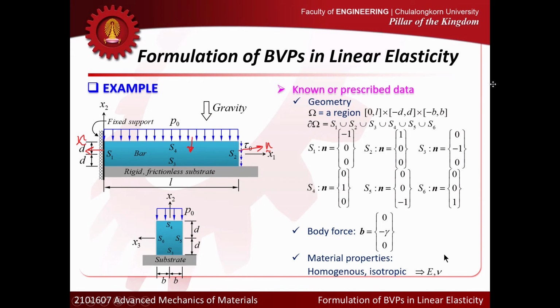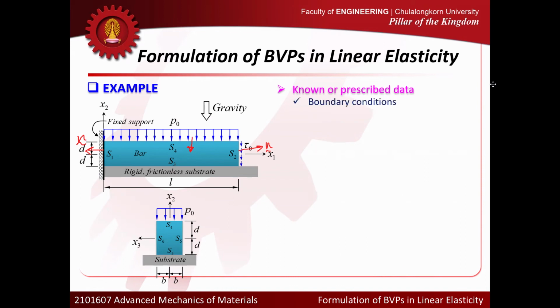If you write out the expression in terms of, for example, Lamé constants, you have to give the relationship of the Lamé constants in terms of Young modulus and Poisson ratio, because these are the data given for this problem. Okay, what else do we have here?